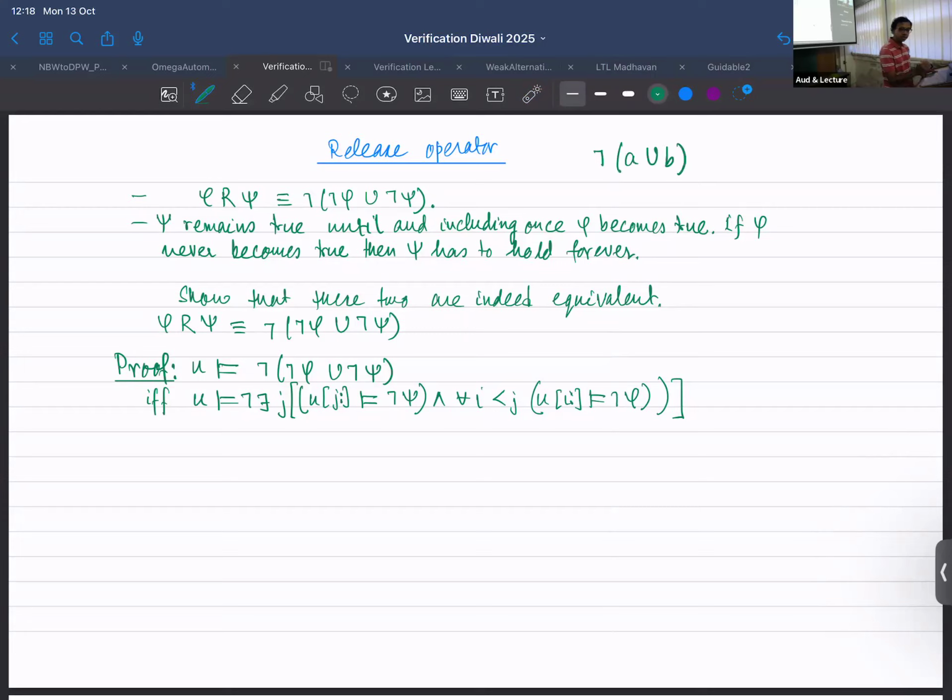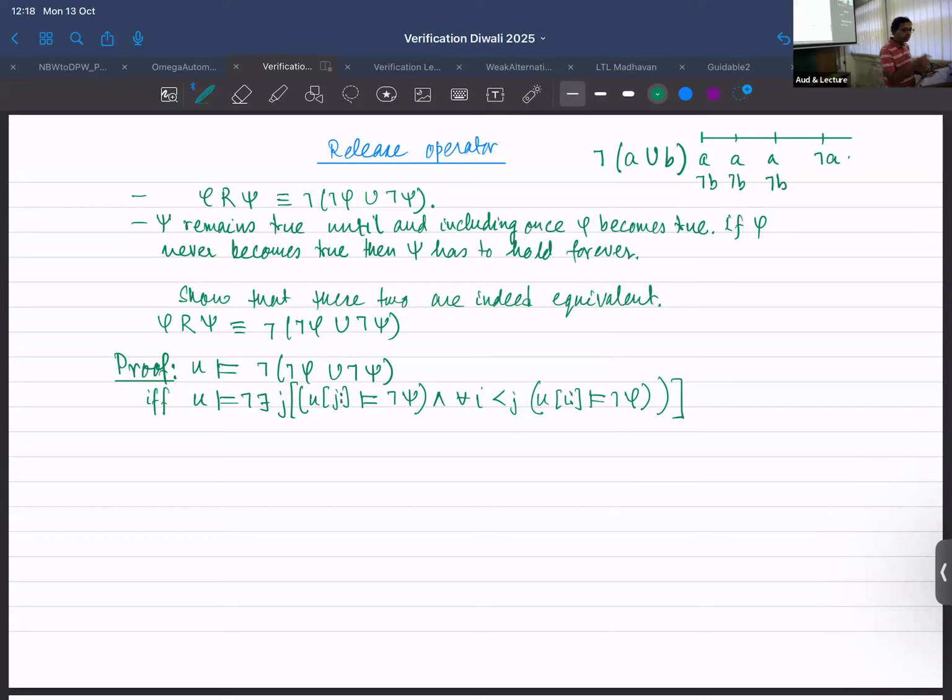So you have, for example, negation of A until B, it's like you have at some position either A continues to hold forever or there exists some position where all these are negation of B, right?